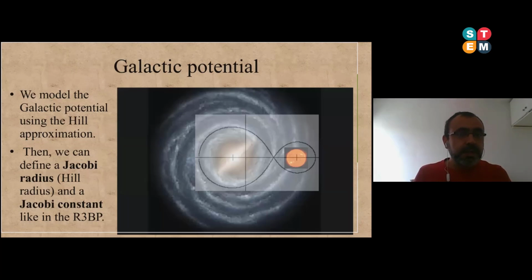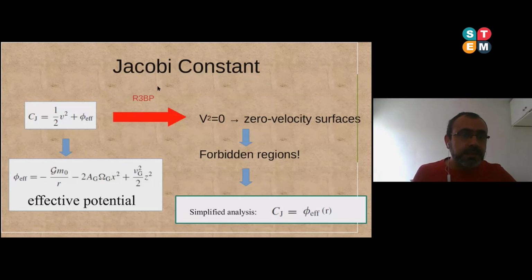This model uses the Hill approximation, so that we can define the Jacobi constant and a Jacobi radius, which is similar to the Hill radius of the restricted three-body problem. The Jacobi constant has two parts, a kinetic part and a potential part, which we call the effective potential, and it has the influence of the Sun and the influence of the galaxy.